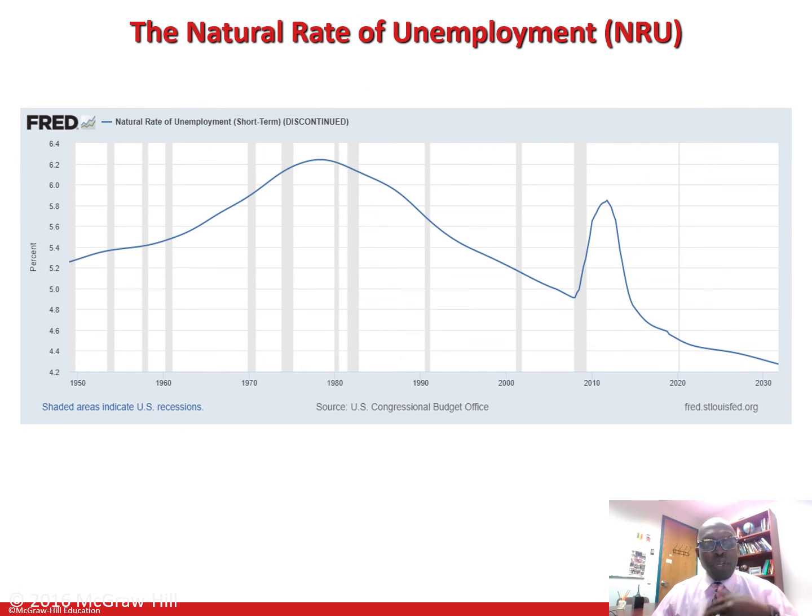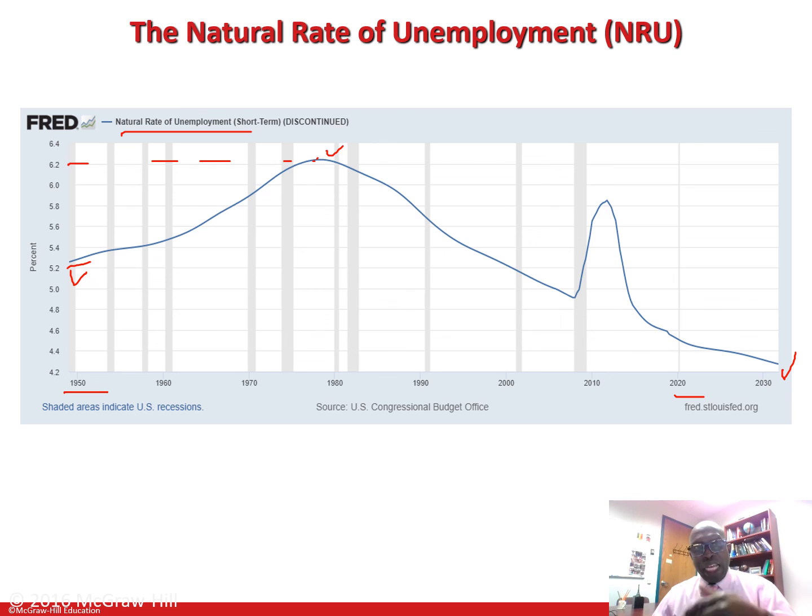This graph illustrates the natural rate of unemployment in the US from the 1950s all the way up to 2022, with the forecast going all the way up to 2035. We can see the finding of this graph confirms the one from the previous graph, that the natural rate of unemployment in the US rose from 1950 all the way up to 1980, from 5.2% to 6.2%.